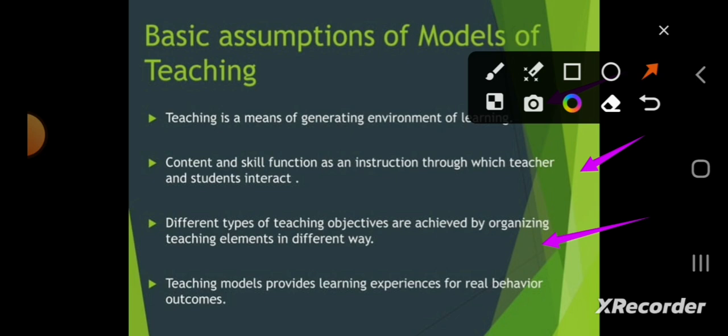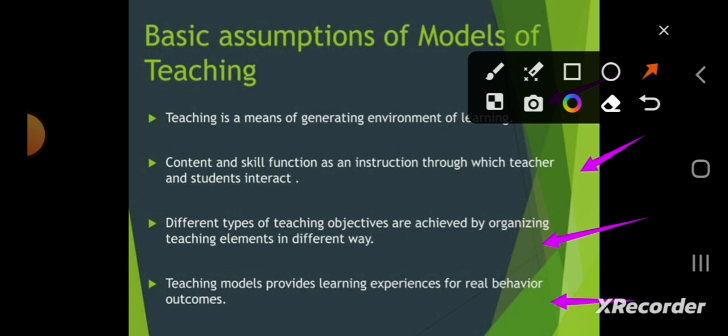Teaching models acknowledge that various educational goals can be met by organizing instructional elements differently. For instance, some models might focus on direct instruction and structured activities for clear, specific objectives, while others might use exploration and discovery to foster broader, more integrative skills.